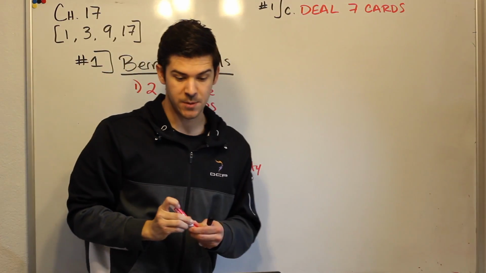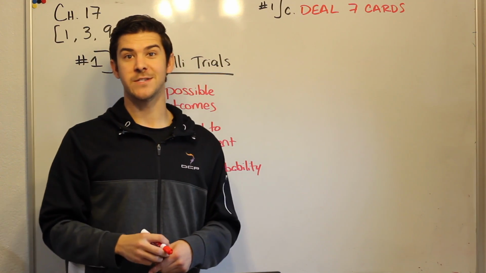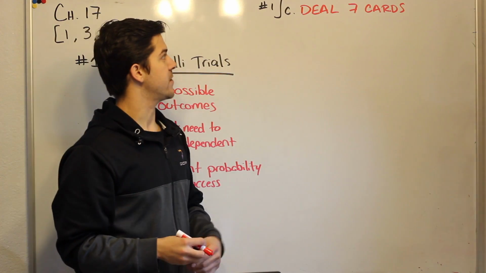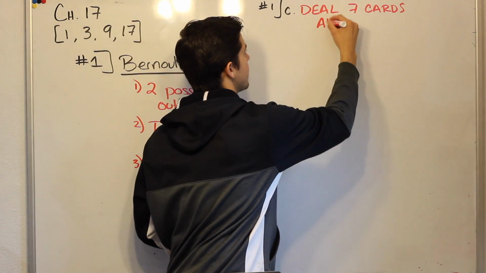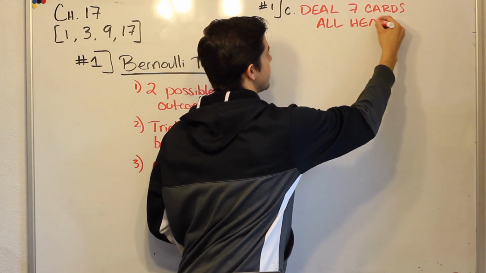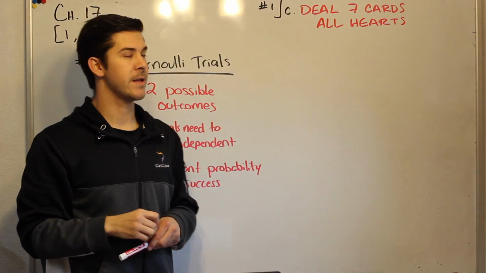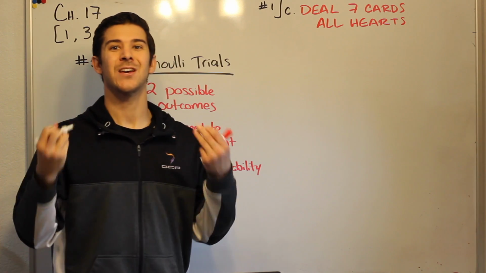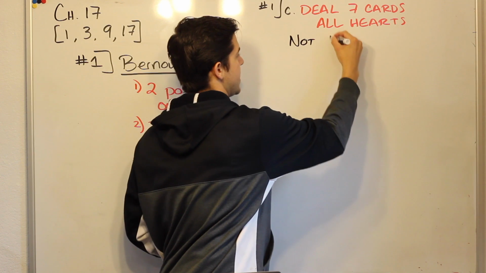And it wants us to determine whether or not it's a Bernoulli trial to get all hearts in that scenario when we deal 7 cards. Now, this trial is not a Bernoulli trial.